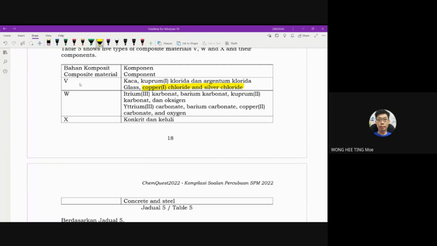So V, what is the class? Composite materials. What is this V? It has silver chloride and glass. So this one is a photochromic glass, right? Then how about W? What is W?